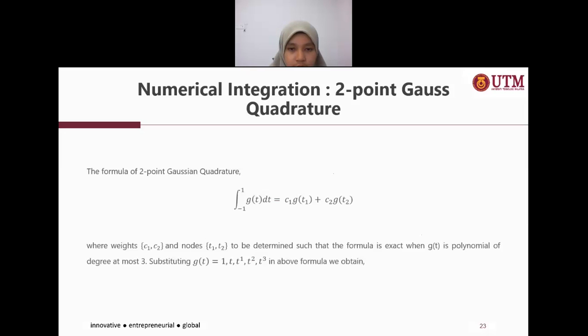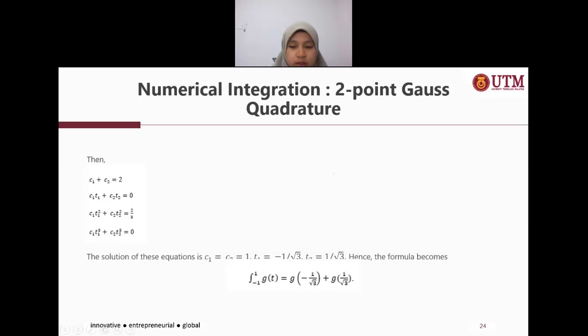Let us take an example of 2-point Gauss quadrature. If we use 2-point Gaussian quadrature, we will only have C1 and C2. Also, our nodes are T1 and T2. C1 and C2 are the weights of the Gaussian quadrature. We derive the formula, and hence we have the new formula of 2-point Gauss quadrature.